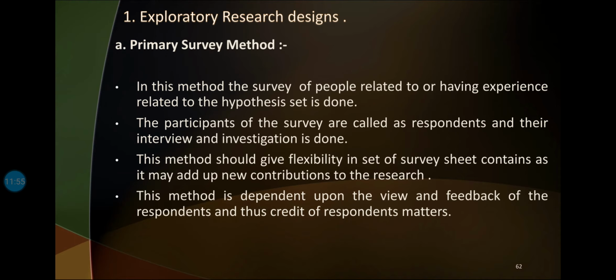But if you mistakenly choose any other person, maybe a person related to some textile industry which is not related to the construction industry, that response will not be very effective, and thus it is very necessary that you should check the credibility as well as the person's scope of experience with your research design work.